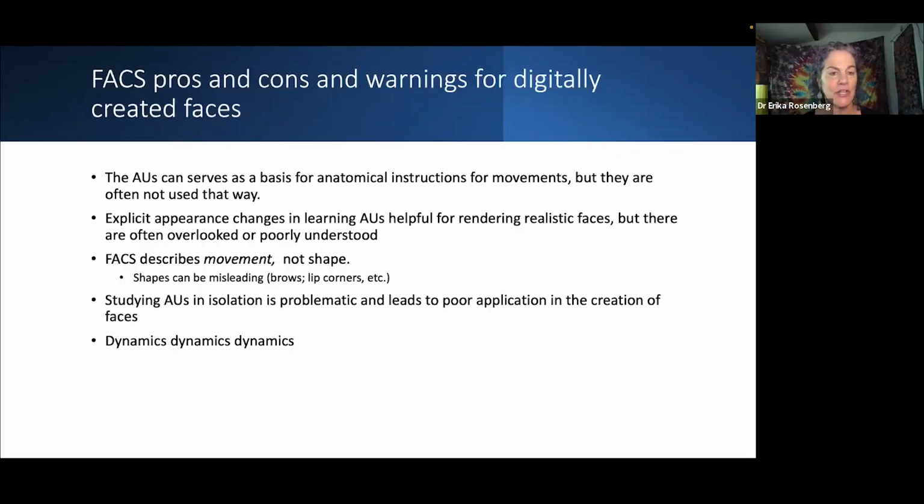The elements of an expression are much more cohesive during spontaneous display. The curve of their onset and offset is smoother. Posed expressions seem to be staggered. So if you're relying on posed expressions for the dynamics of facial expression, you're going to hit a wall with that. Mocap might be better if you're actually getting real dynamic spontaneous displays in the motion capture.